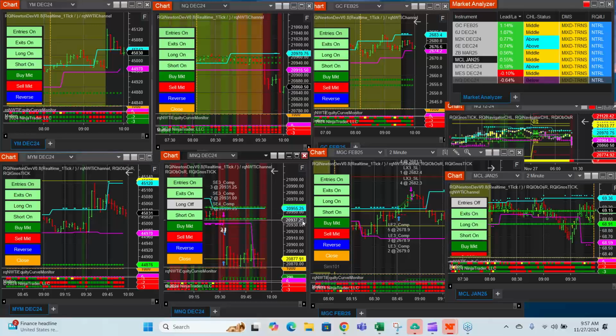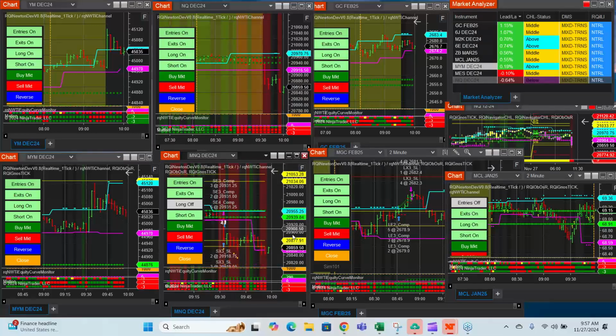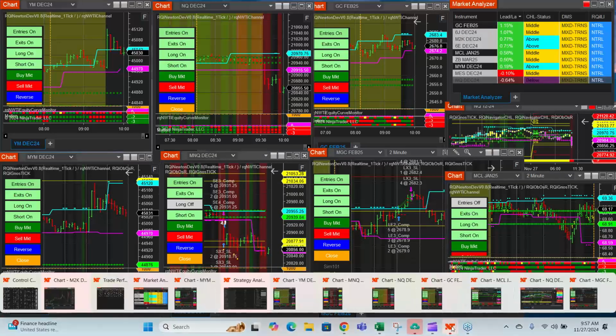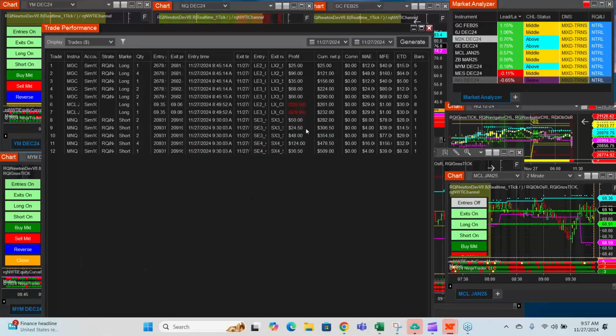And then on the NASDAQ, it took a short right at the open. Could have made more money, but it was decent. So let's take a quick look at the P&L. And you can see here the gold trade.